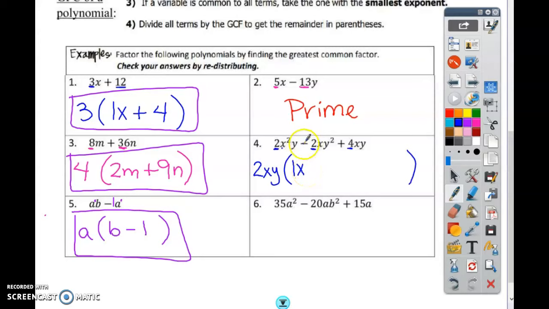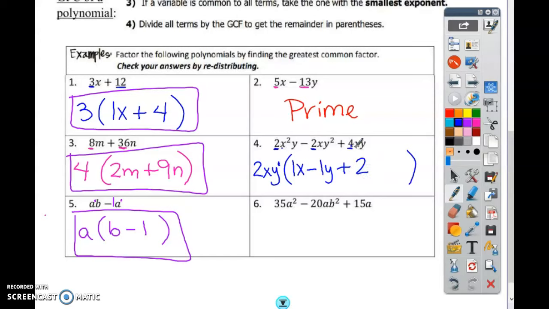What about this one? Negative 2 divided by 2 is negative 1. If I take out an x, I don't have any more x. If I take out a y, here's 2 y's, right? And then I take out 1 y, then I have 1 y left over. What about this one? 4 divided by 2 is a positive 2.